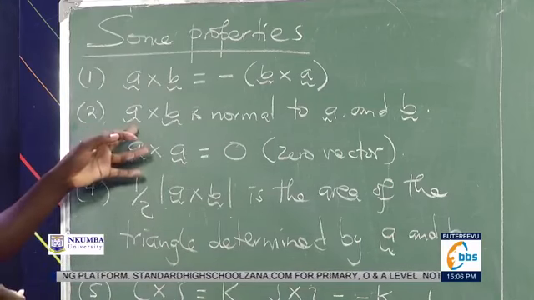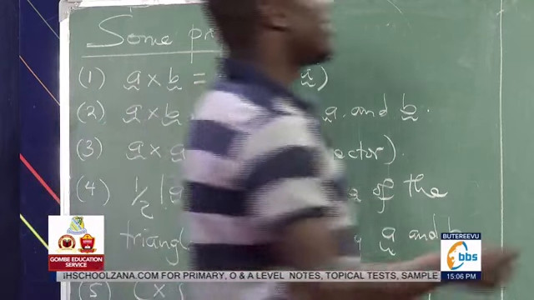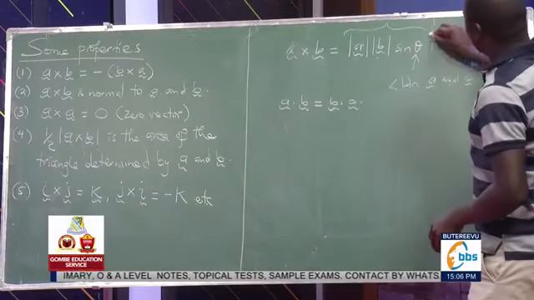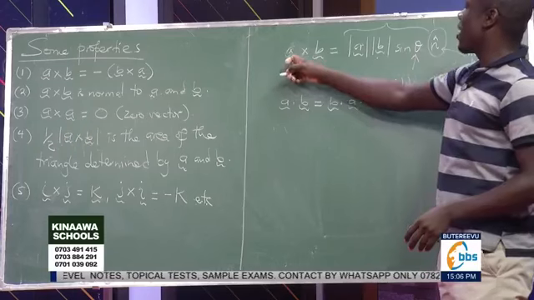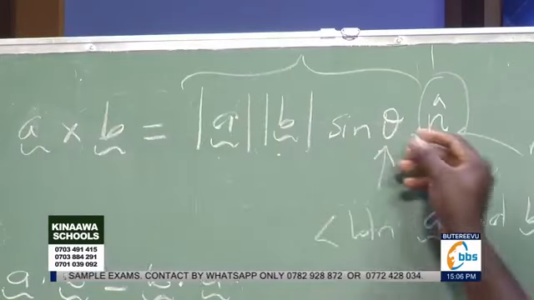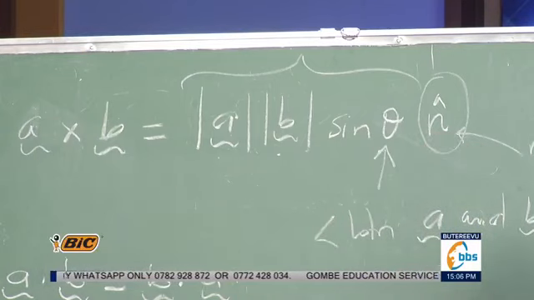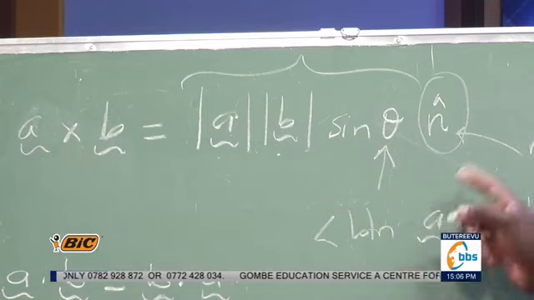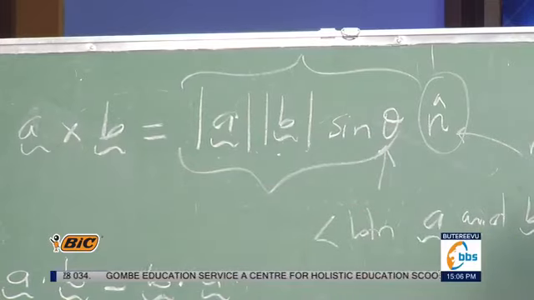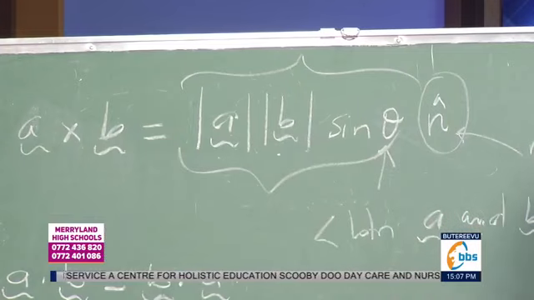Then it is also obvious that A cross B is normal to A and B. This is obvious because it is a vector in the direction perpendicular to A and perpendicular to B. In other words, when you dot A with this vector, you pull out the constant magnitude, and then you need A dot n cap, but A dot n cap is 0.